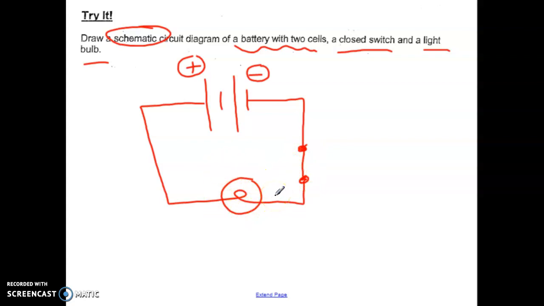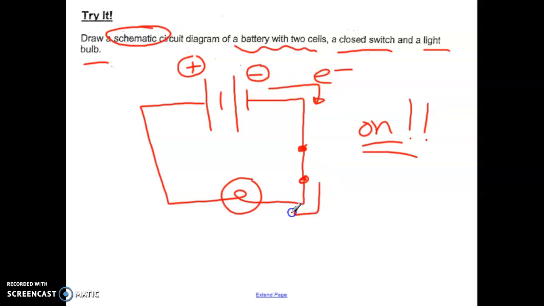Okay, so a couple of things to keep in mind. Every time you draw a battery, you need to show the positive end and the negative end, right? Now, because this switch is closed, that means the circuit is on, okay? Anytime the circuit is on in your diagram, you should draw an arrow showing the direction of the electrons, right?